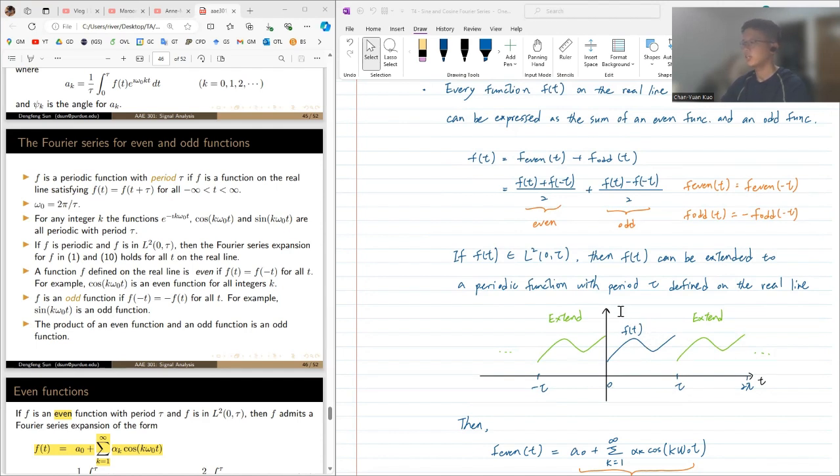We can extend this function to a periodic function by making copies of this function. Here we have one copy, and here we have another copy. You can keep on doing this for the entire real line, and in the end, you will obtain a periodic function with the period tau.